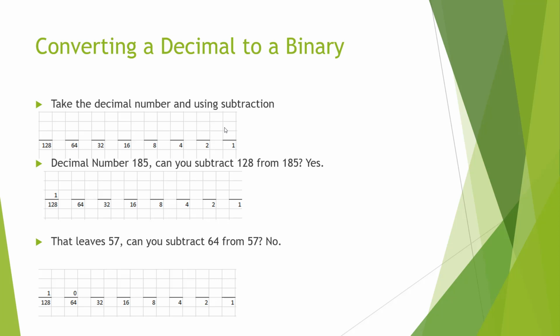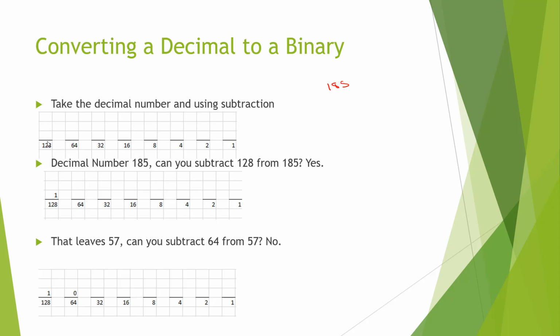So how do we do conversion? Now, how do we go from a decimal to a binary? We've already figured out how to go from binary to decimal, but how do we go from decimal to binary? Again, we look at our chart, 1 through 128. We have a random number given to us, 185. And what we do is, looking at this chart, we ask the question.